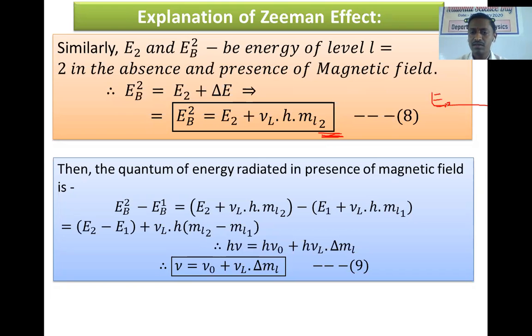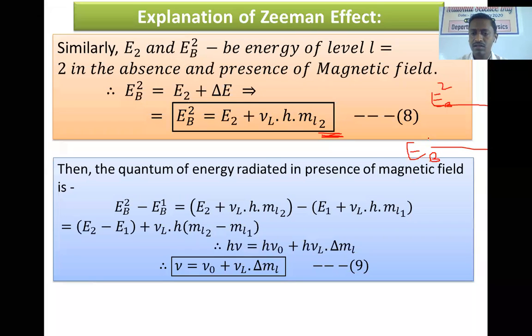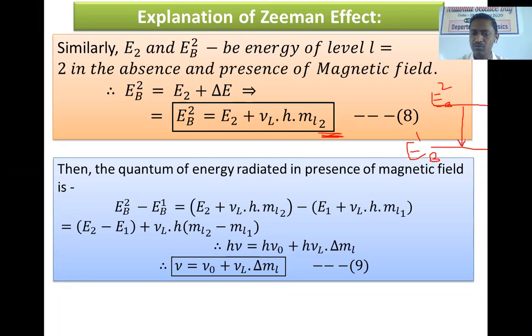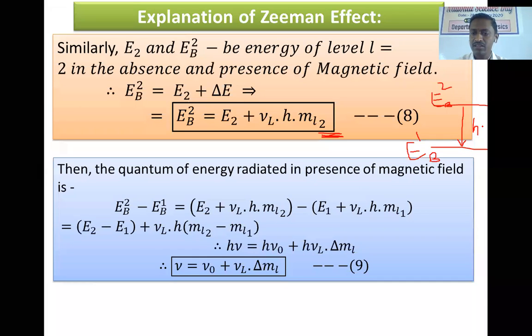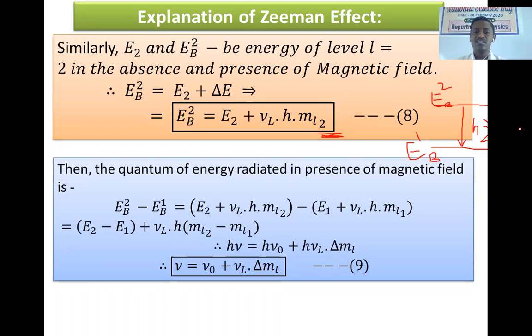Here we have EB2, and now we have another level EB1. Whenever the electron makes a transition from EB2 to EB1, the quantum of energy, that is h nu, is emitted, and this emitted energy is the energy of the spectral line.